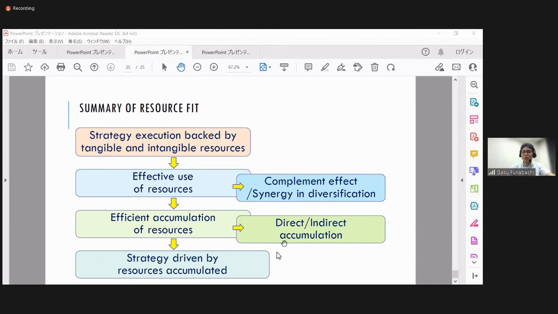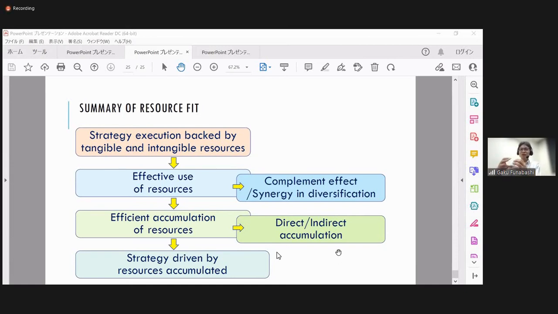Why do I use the word indirectly? Because as I said, an intangible asset can be accumulated through learning by doing. Why do I use the words learning by doing? Doing means the operation by yourself. Inside your companies, there are many processes. For each process, there's the operation.